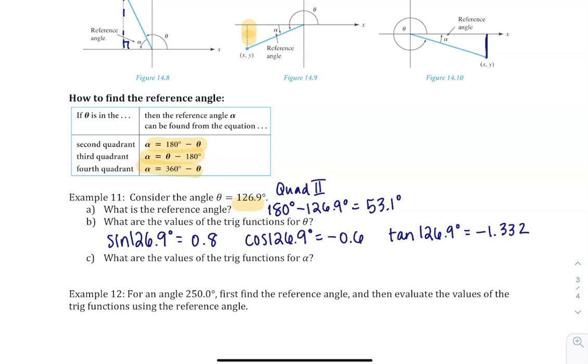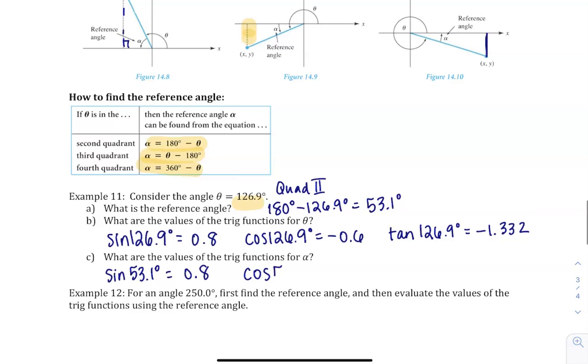Let's see what's happening with alpha. So if I do sine of this 53.1 degree angle, this reference angle, it's 0.8. What if I do cosine of 53.1? I get positive 0.6, so it must not be that I'm getting the same value, but there seems to be something happening here.